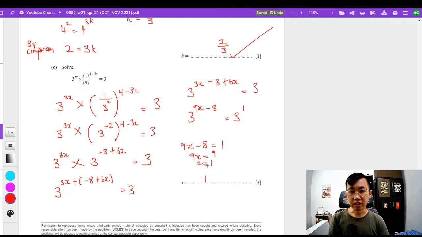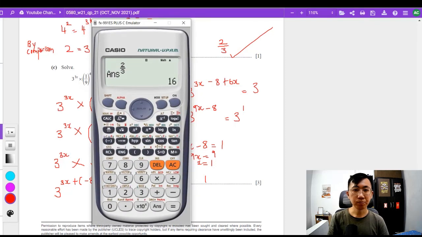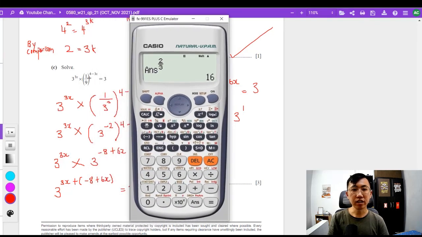So is it really true? You can always check your answer by substituting back into here. So I will do that just to prove to you. Remember, x is 1, okay? So if I put 1 over here, you will get 4 minus 3, which is power of 1. So if I put 1 over here, it will be 3 to the power of 3.